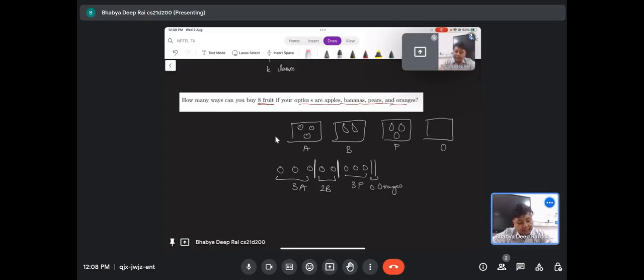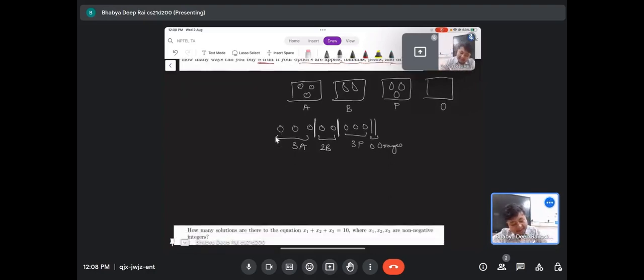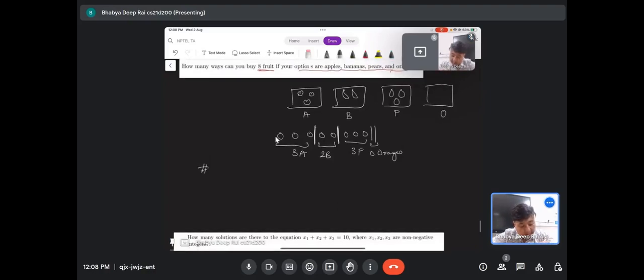Now I just need these bars, no need to show the second bar.